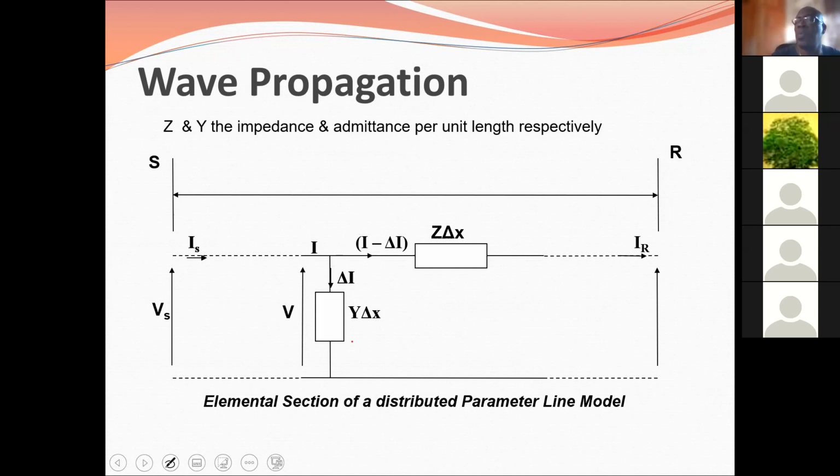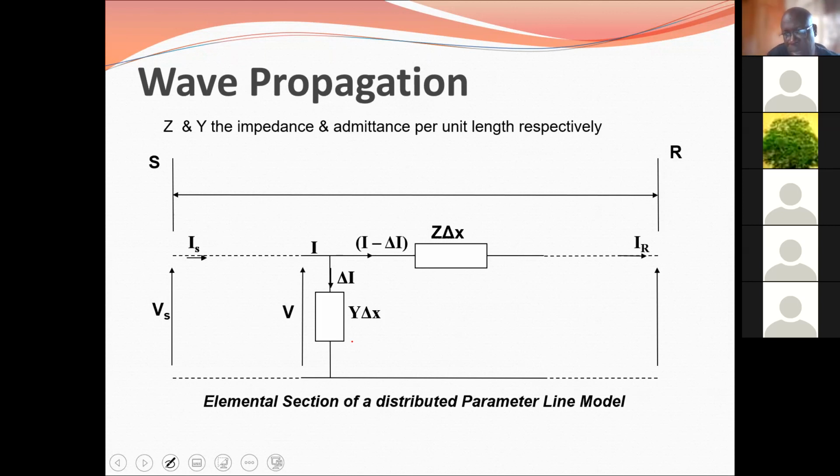What we're simply saying is that when I energize the power line, because of the characteristics of the power line, that voltage, instead of instantaneously appearing at the receiving end, will behave like a wave.